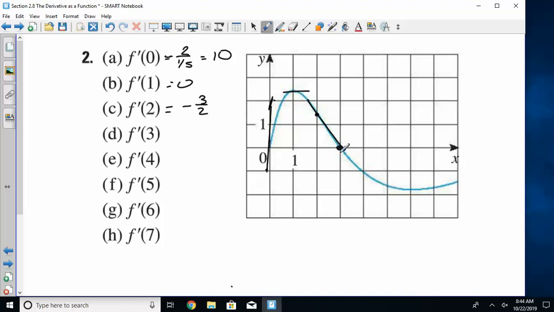F prime of 3, so if you're attempting to draw a tangent line there, so maybe go down 1 over 3/4. What does that give me? -1 over 0.75 is.